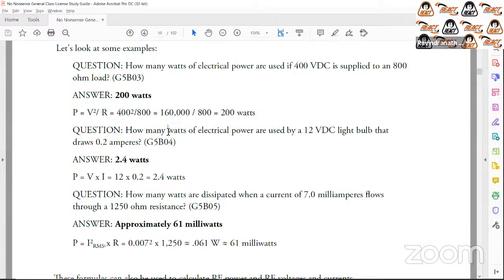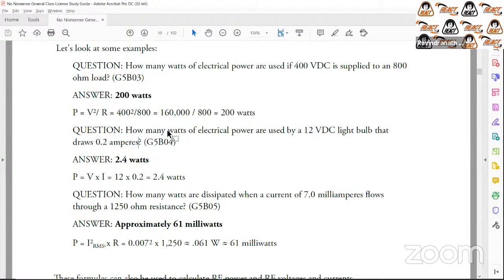So they want to find out power in watts. But what did they give us? They told us it's a 12 volt DC light bulb. So they give us voltage, 12 volts DC. And what else did they give us? They say 0.2 amperes or 0.2 amps. So they gave us voltage, and what is amperes? That's current. So they gave us voltage and current, and we want to find out power in watts.